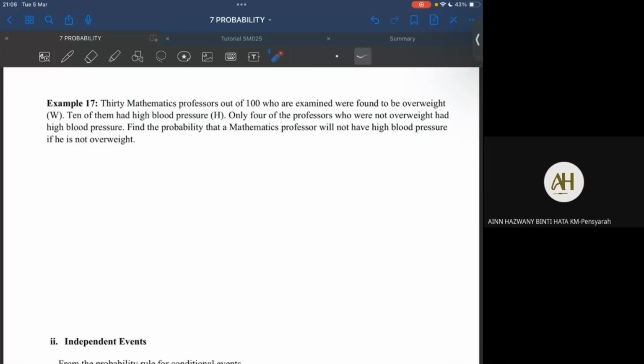Tak faham pun baca panjang-panjang. Okay, sebab tu kita kena representkan dia dalam bentuk apa yang kita cakap tadi, sama ada tree diagram, Venn diagram ataupun table. Case dekat sini ialah cerita overweight dan juga high blood pressure. Sebenarnya cara paling mudah ialah by using tree diagram, tapi kita kena tahu dia punya probability.